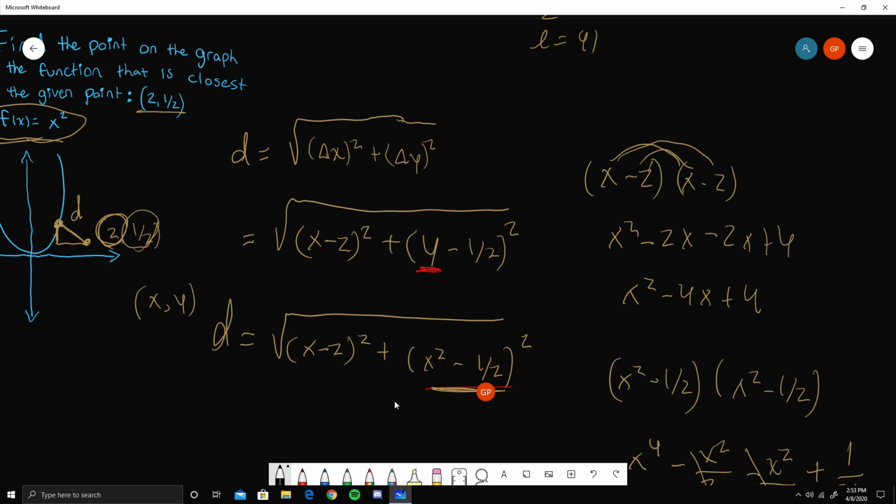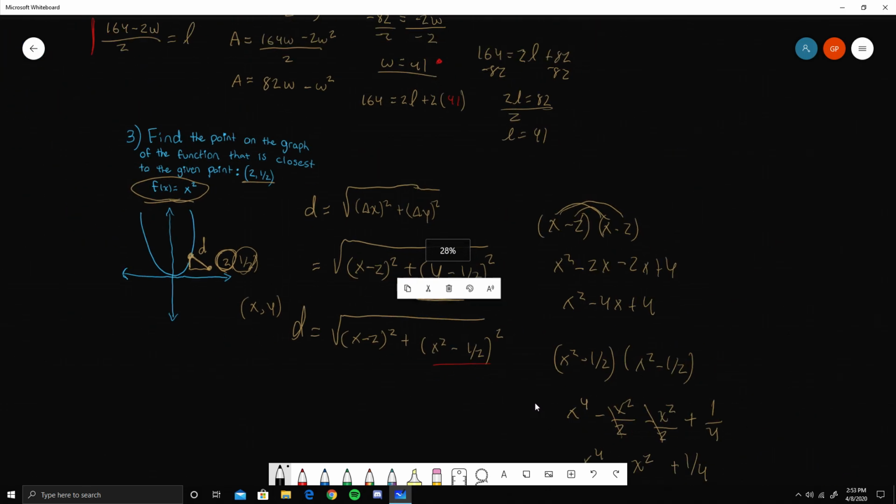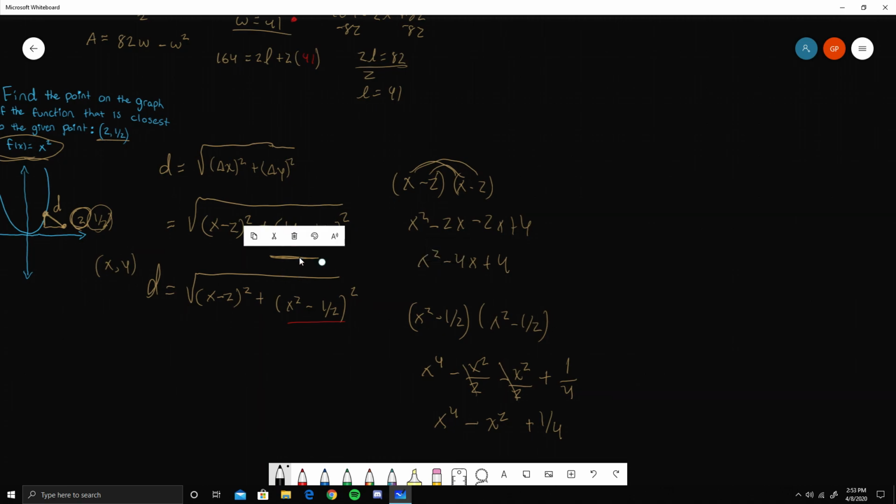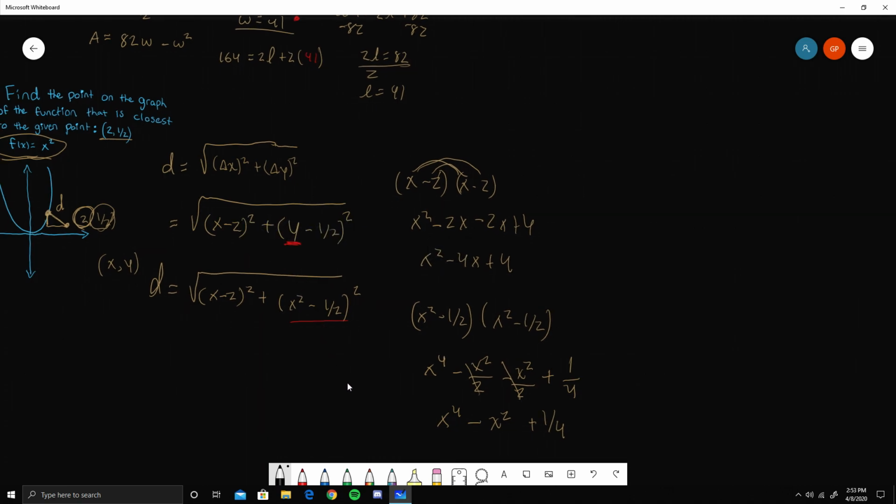So now I'm going to rewrite it, and then I'm going to combine like terms. I'm going to rewrite this as the distance is equal to x squared minus 4x plus 4 plus x to the fourth minus x squared plus 1/4. So now my next step is going to be to combine like terms.